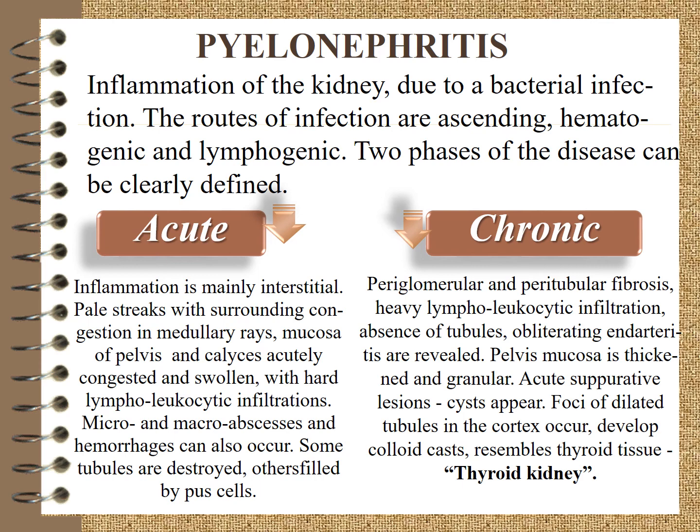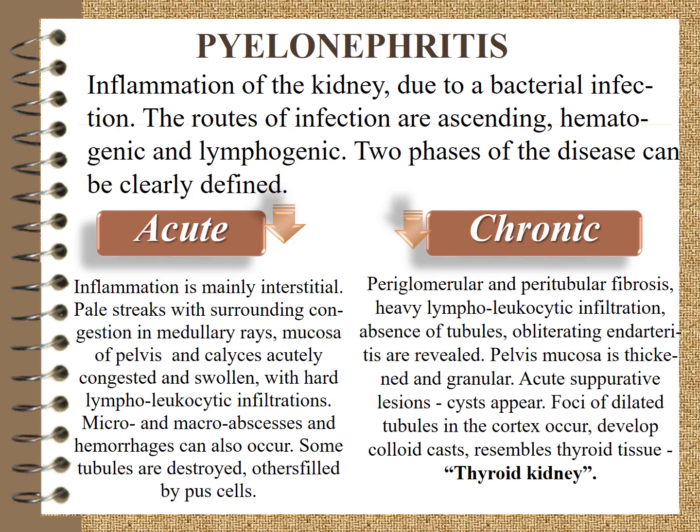Microscopically, the following lesions are seen in most cases. Changes similar to those seen in the healing stage, but more advanced and extensive. Periglomerular and peritubular fibrosis, heavy lymphocytic infiltration, absence of tubules, and obliterating endarteritis are revealed. Pelvic mucosa is thickened and granular. Acute suppurative lesions appear due to recent infection.